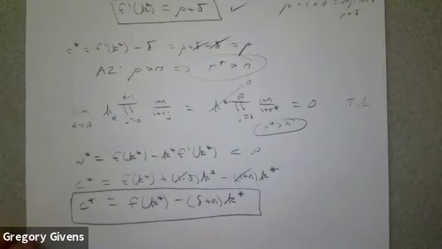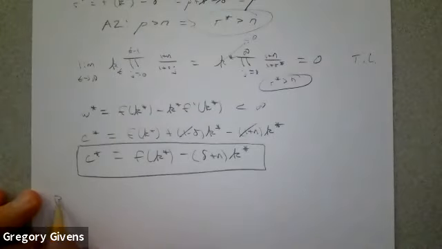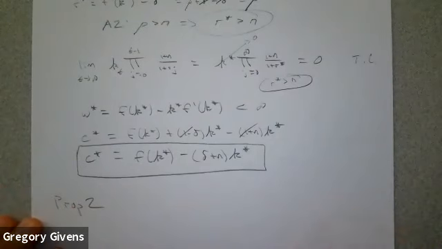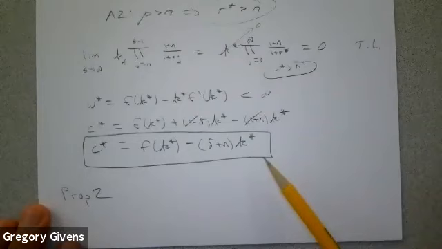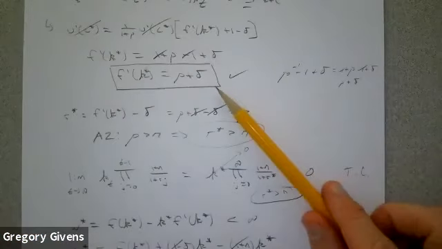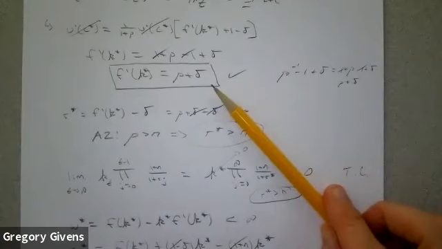Now, I'm not going to prove this, but proposition 2 says that in the Ramsey growth model, with all the assumptions, there exists a unique steady state capital to labor ratio, which satisfies this equation, and a unique steady state consumption, which satisfies this equation. How do I prove that there exists a unique value of k star?